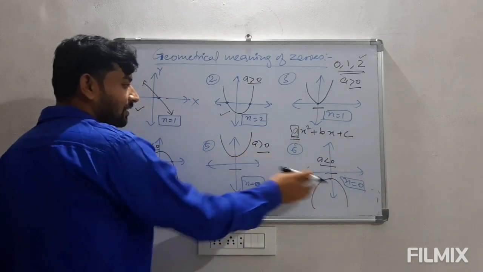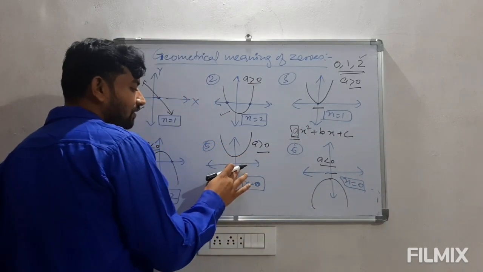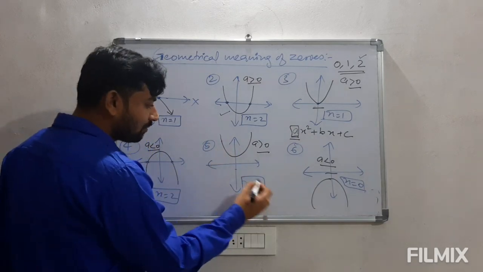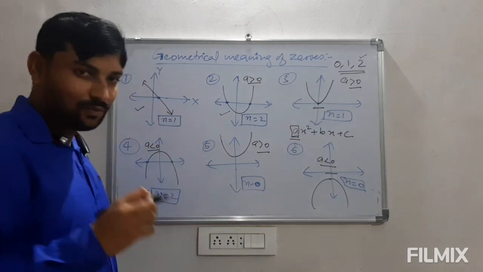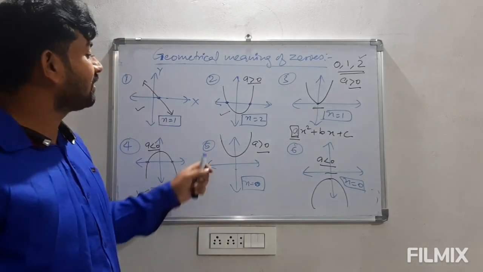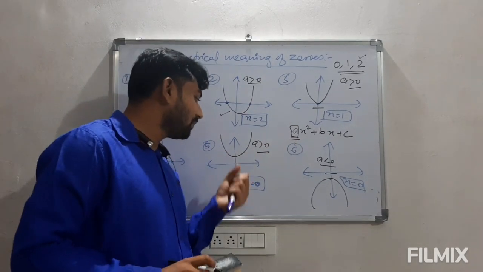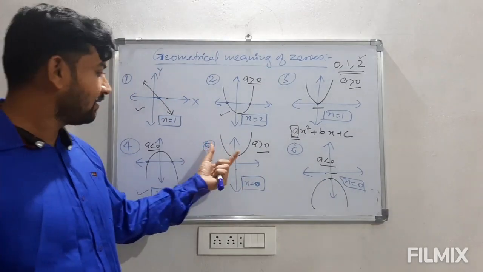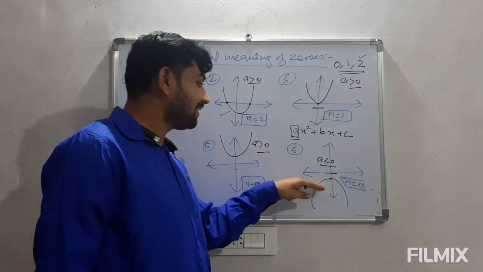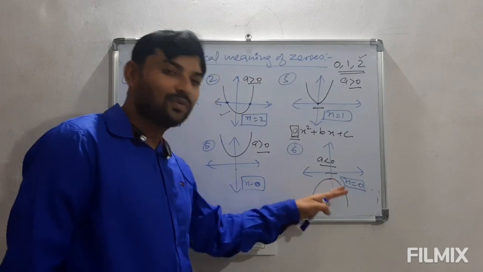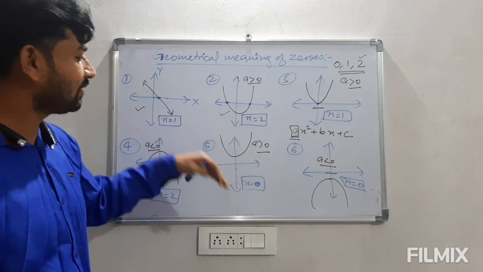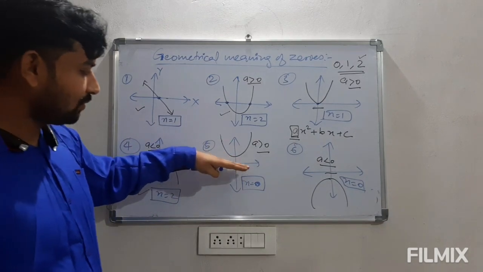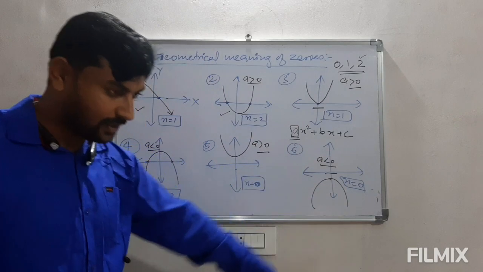Here in these 2 cases there is no intersection of the graph with the x-axis. So in such cases there will be no value for which the given quadratic polynomial becomes 0. No value of x exists that makes it 0, therefore their number of zeros will always be 0. There is no value of x that makes this 0, because it is always either greater than 0 or less than 0.